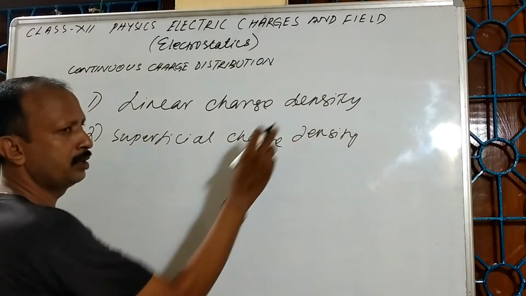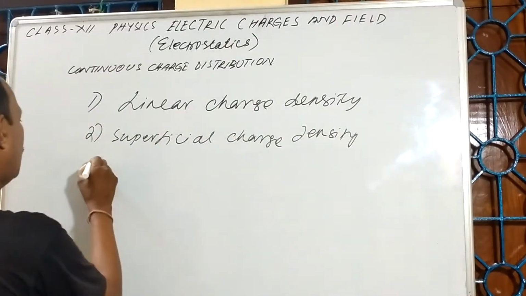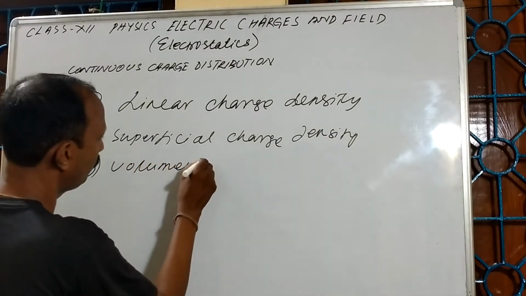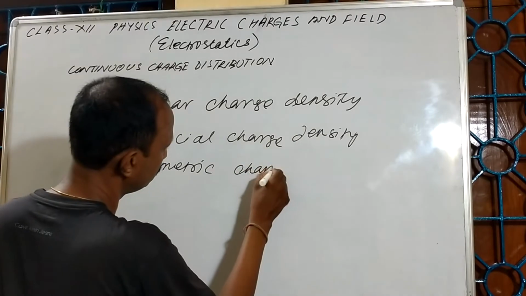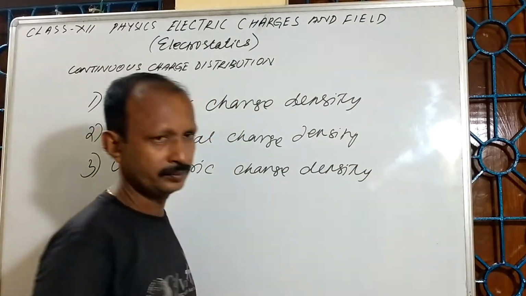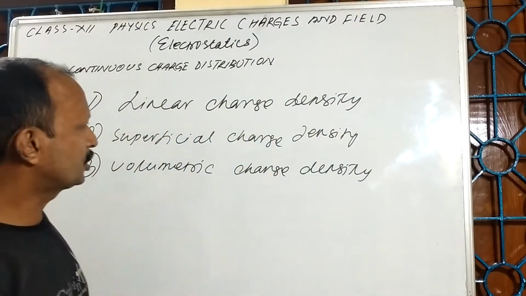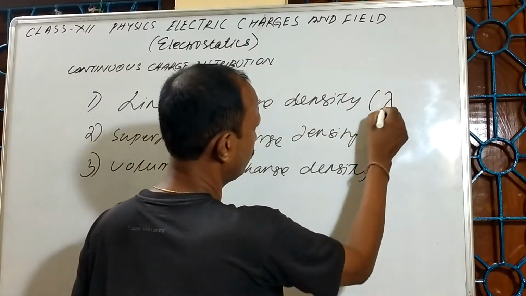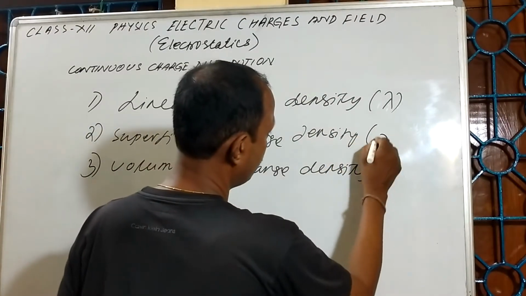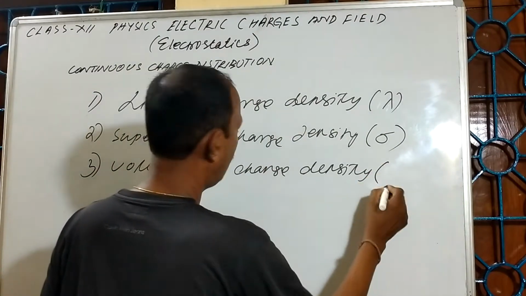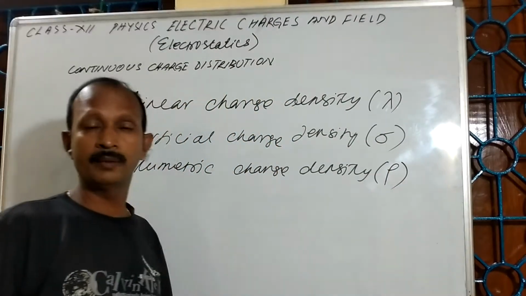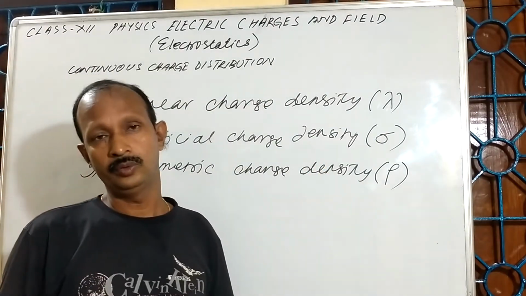The linear one is related with the length. Third one is the volumetric charge density. Linear charge density is denoted by the letter lambda. Superficial charge density is denoted by the letter sigma. And volumetric charge density is generally represented by the letter rho.